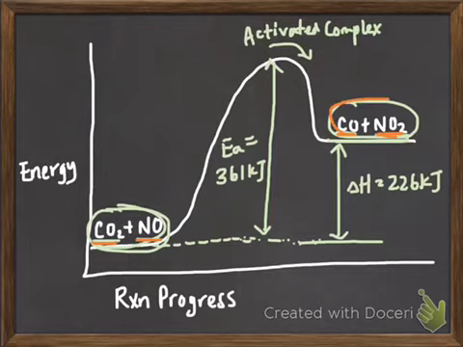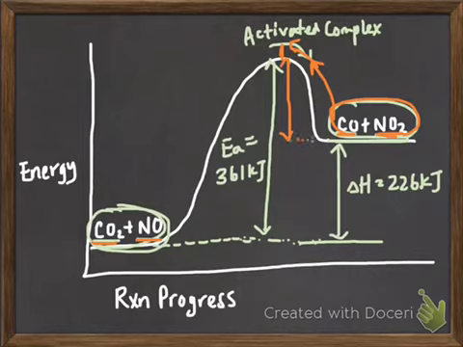If these are my reactants now, I'm going to be going this way, backwards. My reaction progress is going to be reverse. And the activation energy, if you think about it, is where I get to the peak, the steepest part of my curve, right here. So my activation energy is going to be from the top of my energy hill to the initial energy of my reactants, which is down here.